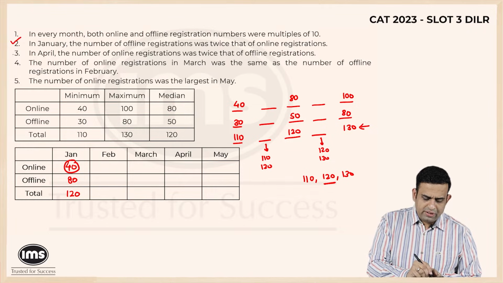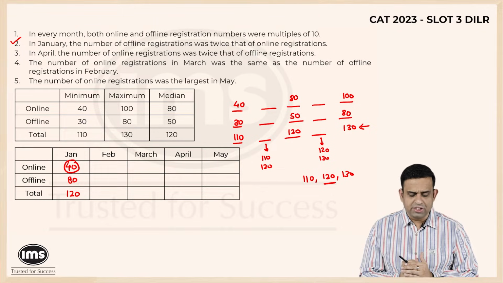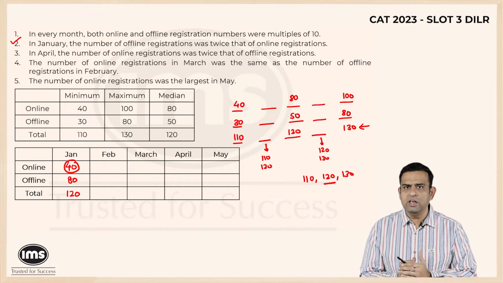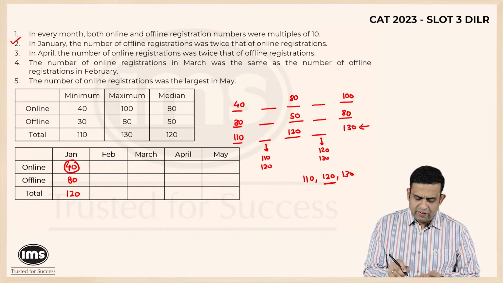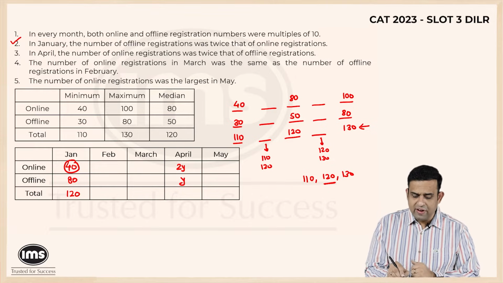Going for point number 3, it says that in the month of April, the number of online registrations was twice that of the offline one. So if I assume in the month of April offline was Y, then online becomes 2Y. So total registration in the month of April will become nothing but 3Y again.